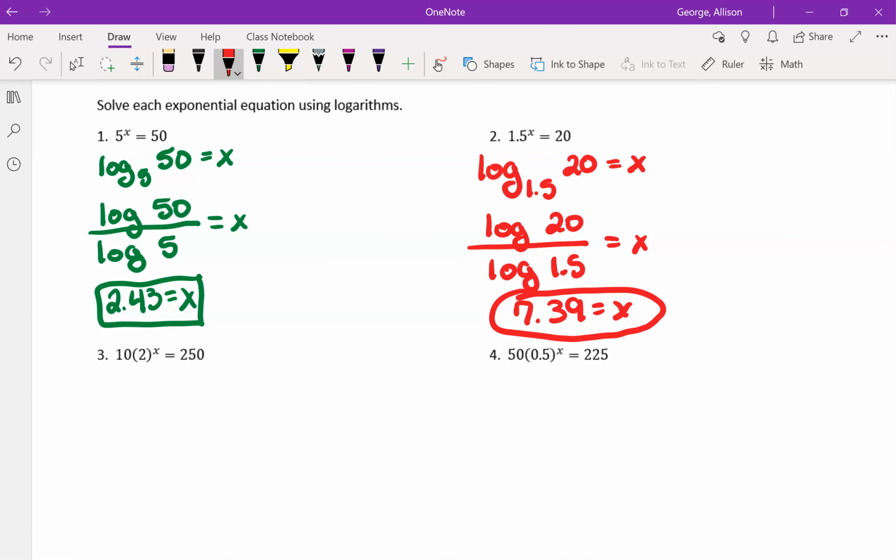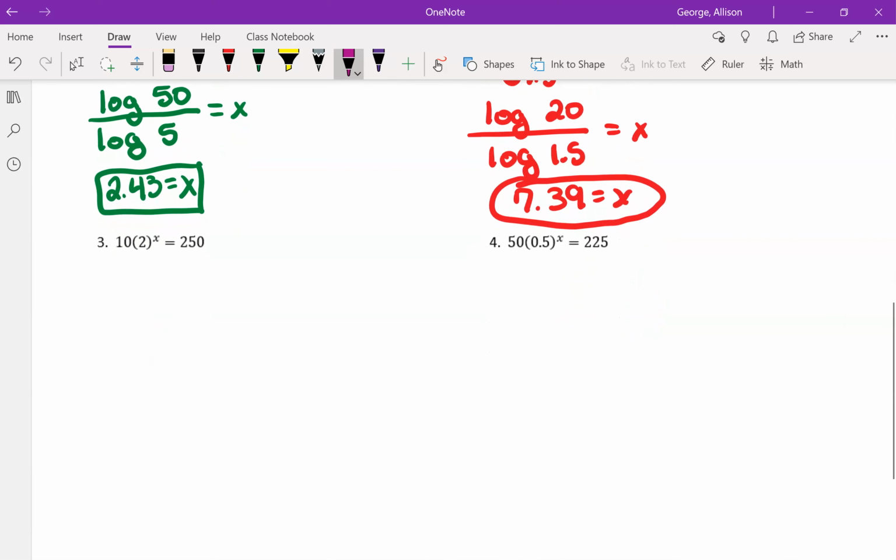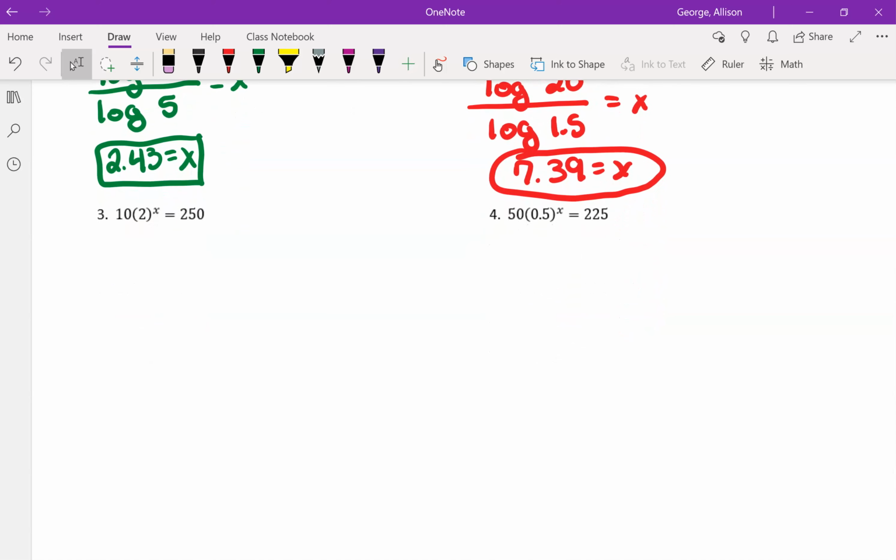For the last couple, I do make it slightly harder. What you have to look for is that they're not straight exponential form; they all have numbers out in front of them. So we need to get rid of that before we can use our change of base formula. That's 10 times 2 to the x, so we're going to divide by 10, the opposite operation. So we have 2 to the x equals 25. From here, write it as a log: log base 2 of 25 equals x.